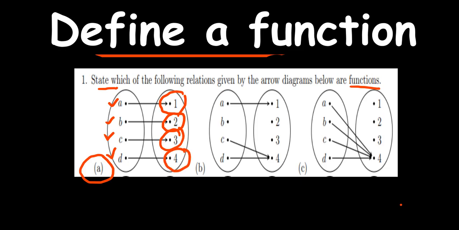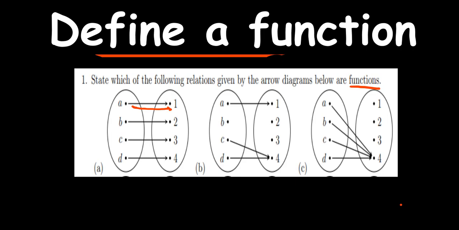And the other condition is that each element of the first set should be mapped to one and only one image. So we see that for all the elements in the first set, each is only mapped to one image.